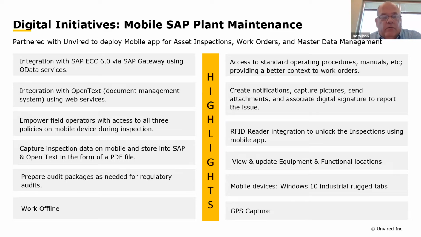We also track GPS coordinates on each transaction, and that gives us accountability, especially in compliance and audits. We can prove that the guy was standing right next to this tank when he did the inspection. He also scanned the tag that's stuck on this tank. So we have a lot of accountability we can work into it and enforce.